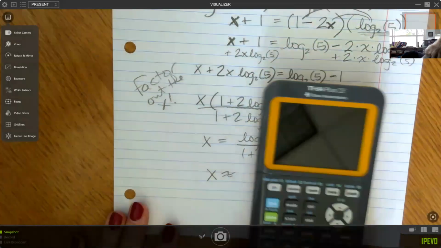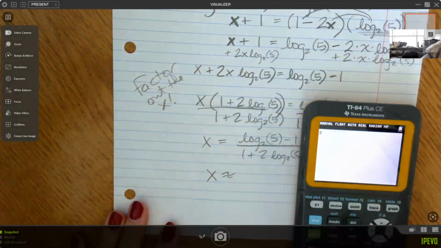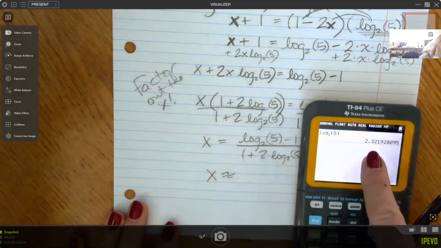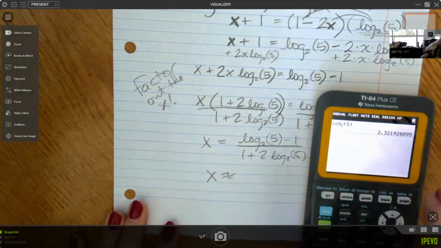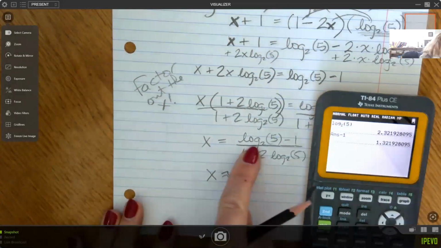So let's do this. I'm going to press my math button and go down to log base 2 of 5. And like we knew, it's a number just a little bigger than 2. And I'm going to subtract 1. That is my numerator, log base 2 of 5 minus 1.